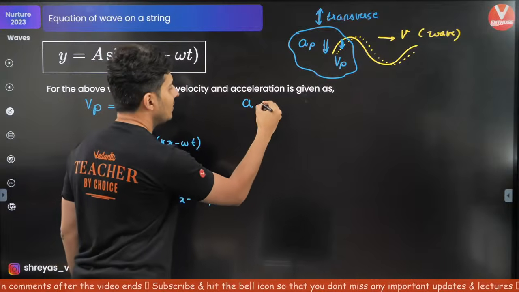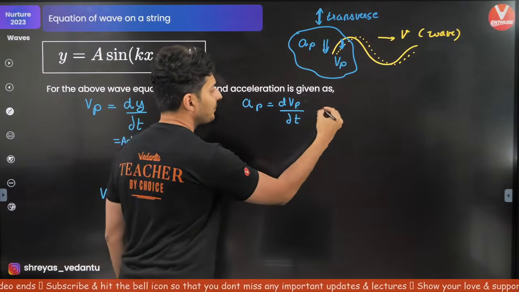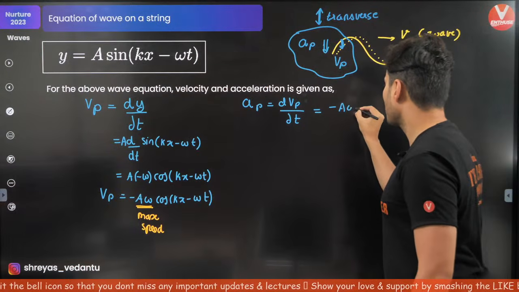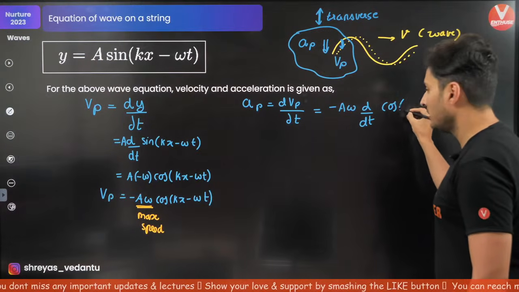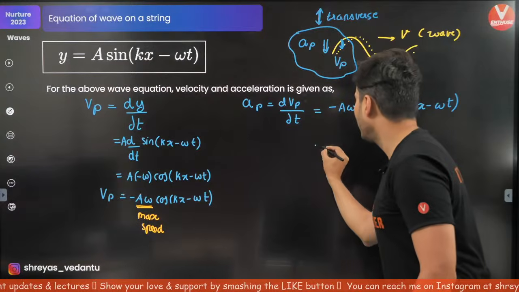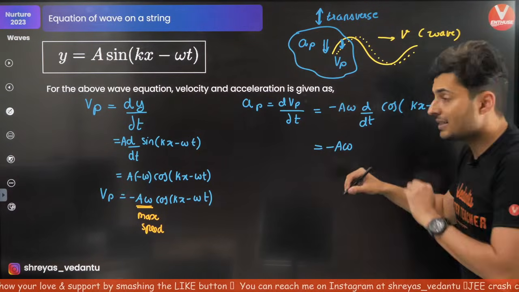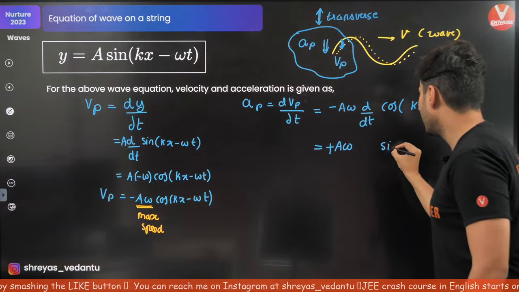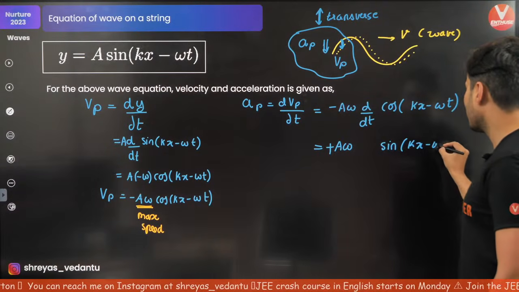So acceleration of the particle will be the derivative of the particle velocity with respect to time. So let's try this out. A omega is a constant, so it will be just the derivative of the cos term, kx minus omega t. So what will I get? Minus a omega. Derivative of cos is minus sine. Minus minus plus. So instead of cos, you will put sine, but that minus has cancelled out here. So kx minus omega t.